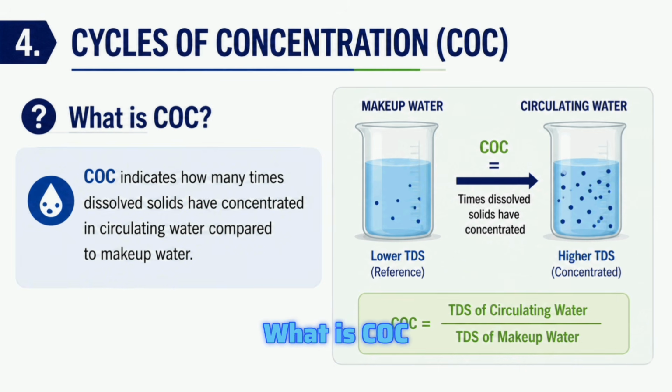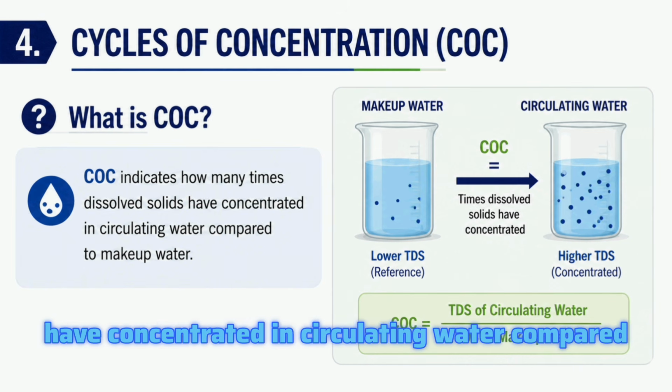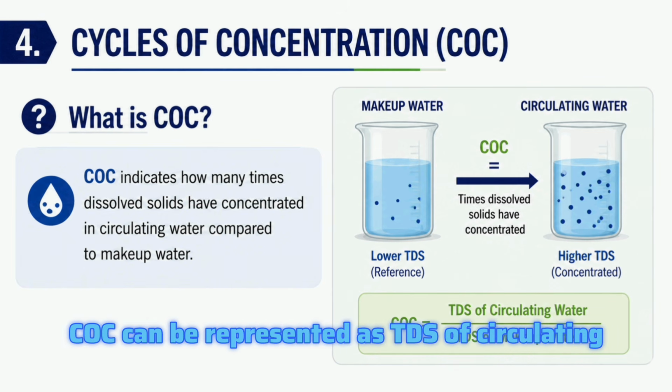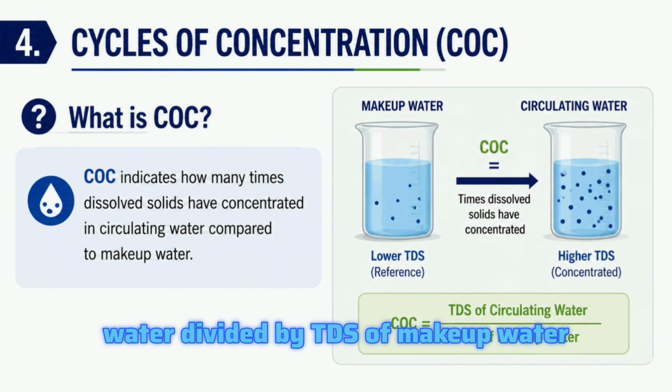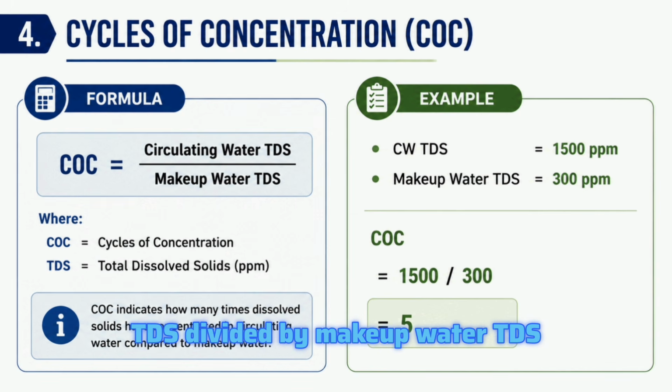What is COC? COC indicates how many times dissolved solids have concentrated in circulating water compared to makeup water. COC can be calculated using circulating water TDS divided by makeup water TDS.